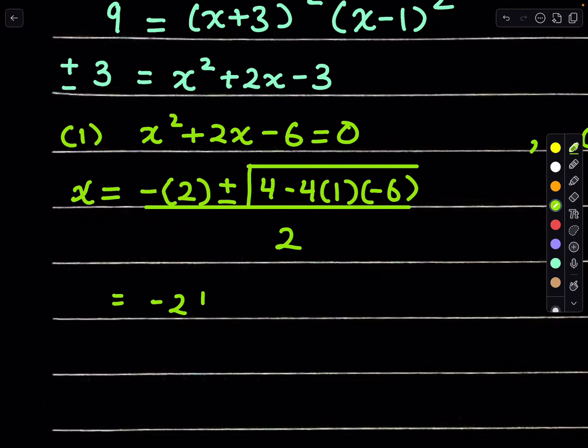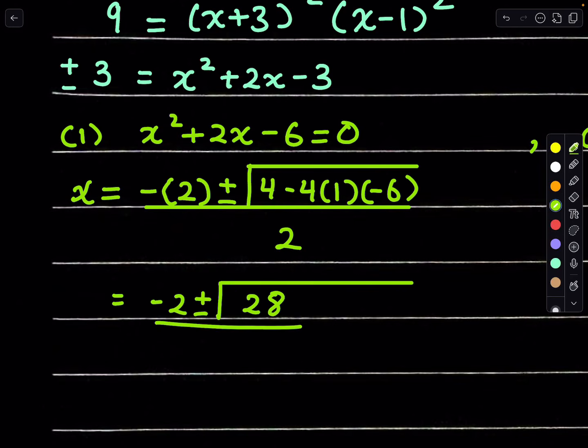That's equal to negative 2 plus or minus the square root of 4, 6, 12, 18, 24. So it'll be plus 24. This question is so much work. Yucky. So 4 plus 24, and that's 28.